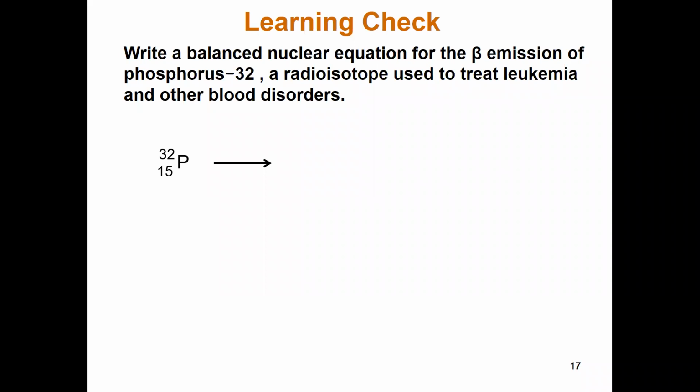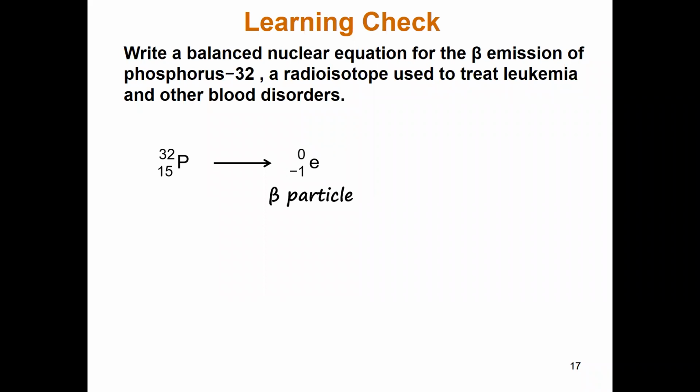You are told it's decaying by beta emission. So beta, remember, is the high energy electron. So the symbol is e with a mass number of 0 and a -1 charge. That's the beta particle, a high energy electron. So to find the new nucleus, we see that the mass number for the beta particle is 0.